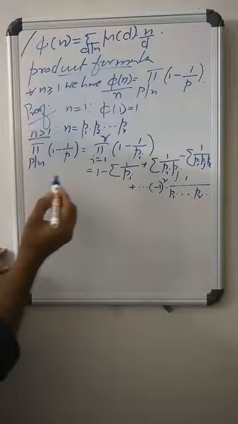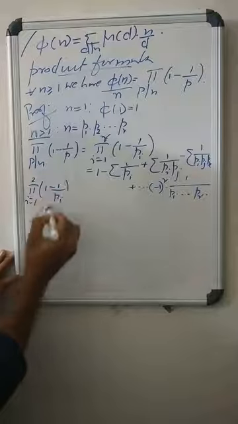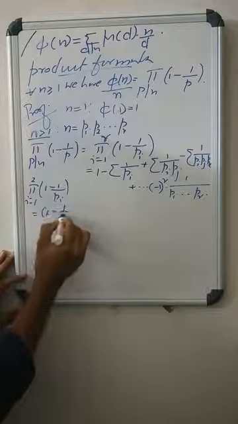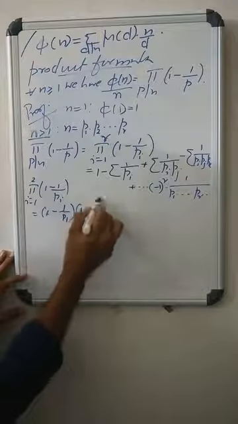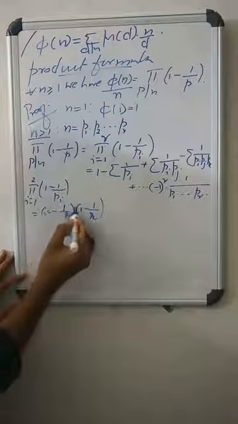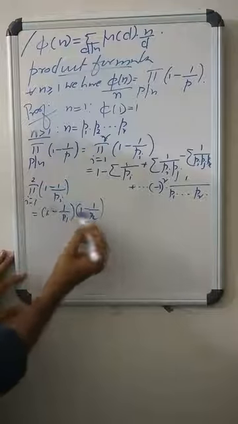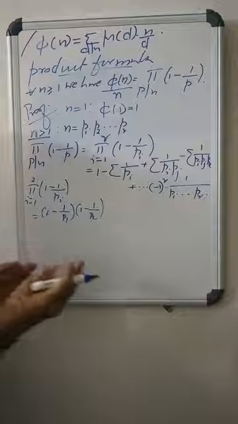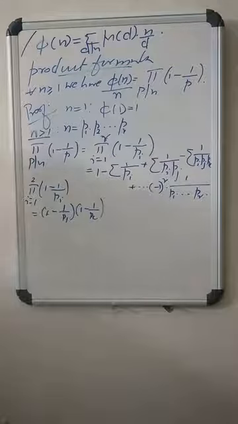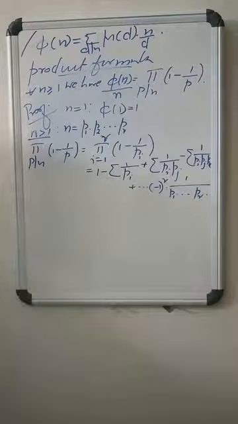For example, the product for i from 1 to 2 of 1 minus 1 by pi is 1 minus 1 by p1 into 1 minus 1 by p2. If you expand, the terms are 1, minus 1 by p1 plus 1 by p2, and the last term plus 1 by p1 p2. Then generalize that case.